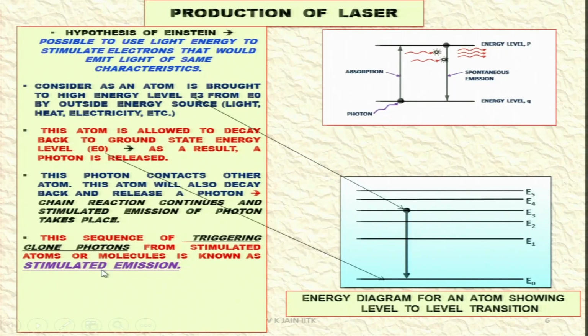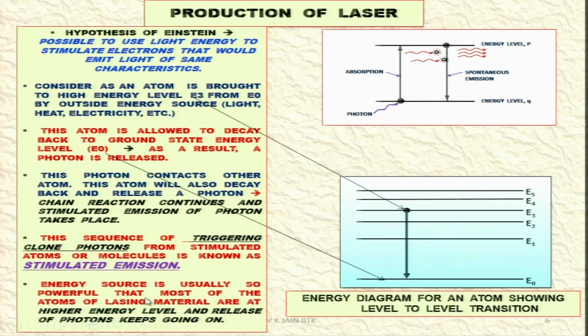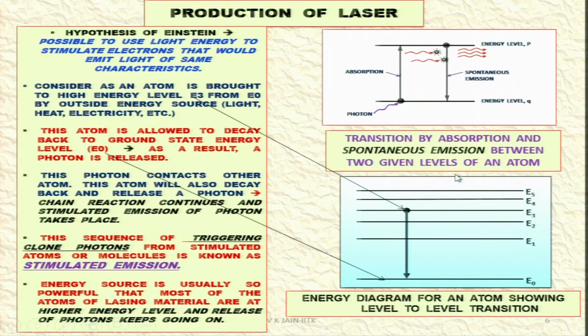This sequence of triggering clone photons from stimulated atoms or molecules is known as stimulated emission, and the energy source is usually so powerful that most of the atoms of the lasing material are at a higher energy level and release of photons keeps going on. Transition by absorption and spontaneous emission between two given levels of an atom takes place, that I have already explained, from E0 to say E3 and then decay back from E3 to E0.